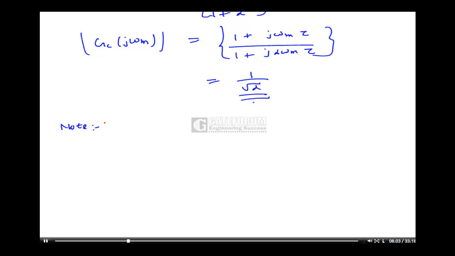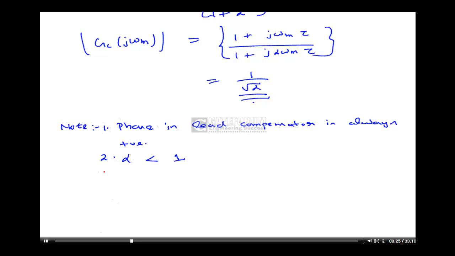Write a note: phase in a lead compensator is always positive. Alpha value is always lesser than 1. The zero is nearer to the origin than the pole.